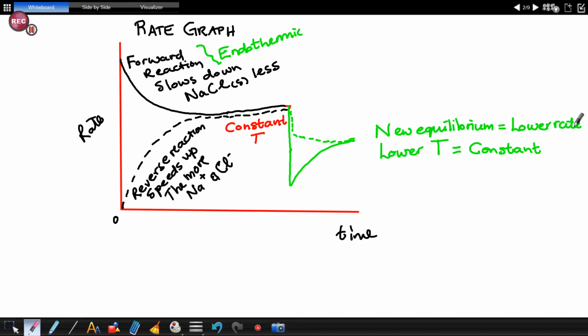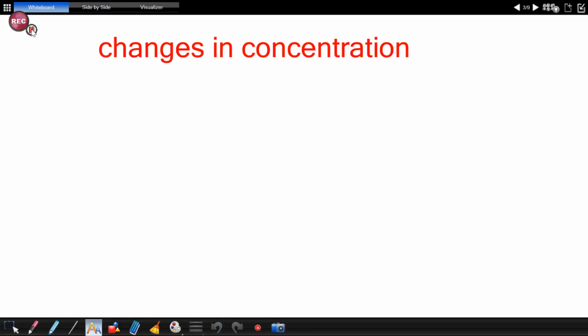I want us to use the same example, but look at what changes in concentration will do to the equilibrium. Just for the sake of people watching, I will rewrite the equation. So we discussed it this morning. If you have a solid, the concentration of a solid can't change.